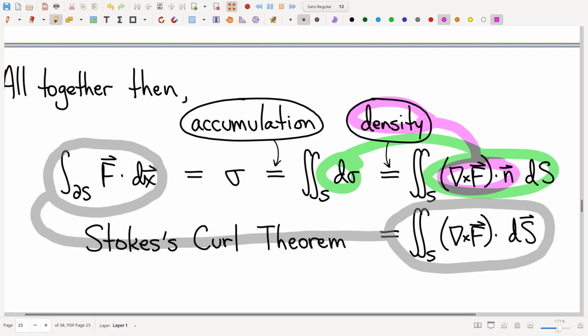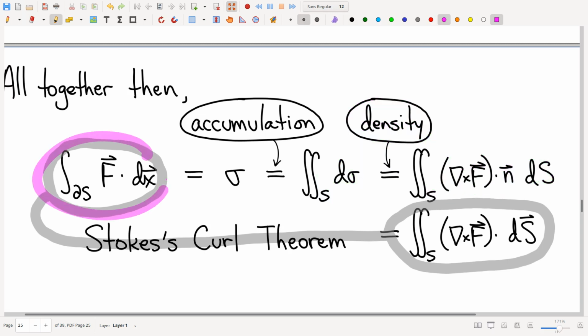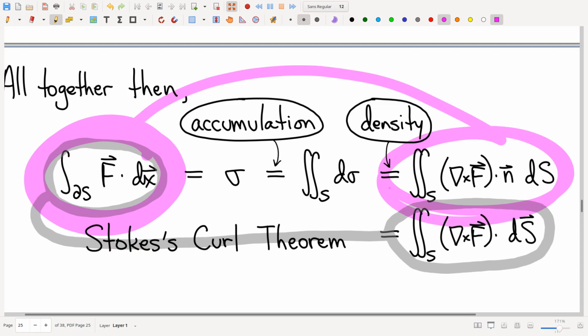And notice we're done. We have ourselves a brand new theorem. This boundary circulation can be computed with a surface integral. That's Stokes' curl theorem. Everybody with me?